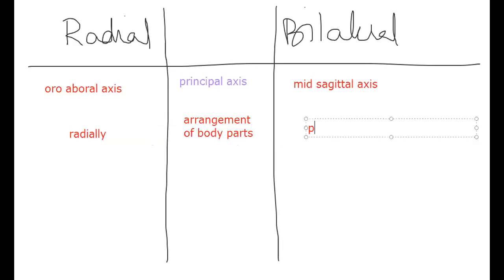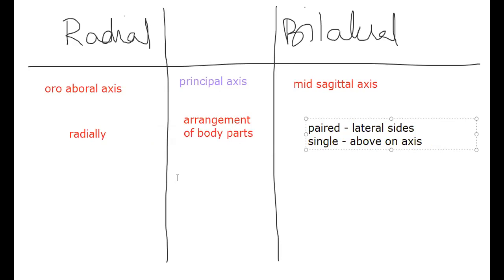In the mid-sagittal axis, paired organs are present on lateral sides, either side of the mid-sagittal axis, and if the organ is single, it is present above, on the mid-sagittal axis.